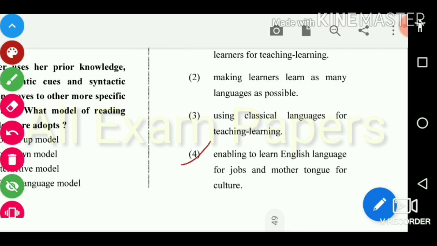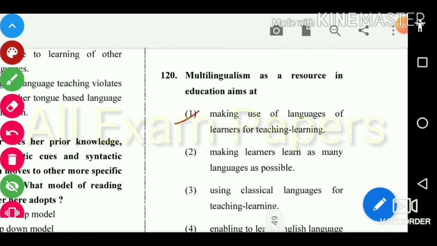And fourth one is enabling to learn English language for jobs and mother tongue for culture. And the correct answer is option number first. And answer is making use of languages of learners for teaching learning.